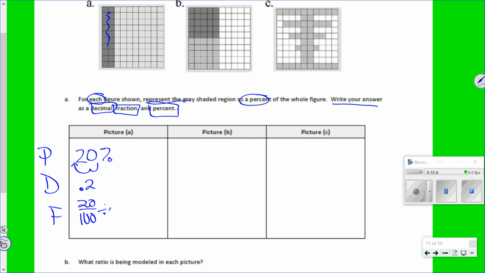So divided by 5 gets me 4 over 20. What can I divide both those by? 4. Divide them by 4 gets me 1 over 5. So if you saw I could divide them both by 20 at the first step, you can do it. But again, 2, 3, 5, 7 will get you there. That's the important piece on that.